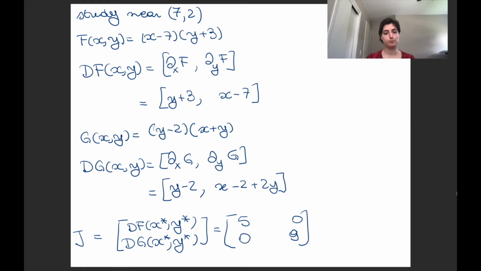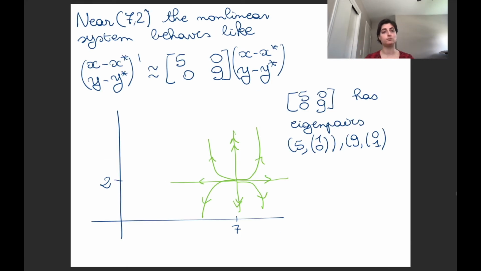Some elements get cancelled, so when we compute df, dg, where the first line is df and the second line is dg, the Jacobian at the critical point 7, 2, we retrieve the matrix that has 5 in the first position, 0 in the off diagonals, and 9 in the last position. That means that near, possibly really, really close to, the critical point 7, 2, our system behaves as the linear ODE system associated with the matrix 5, 0, 0, 9.